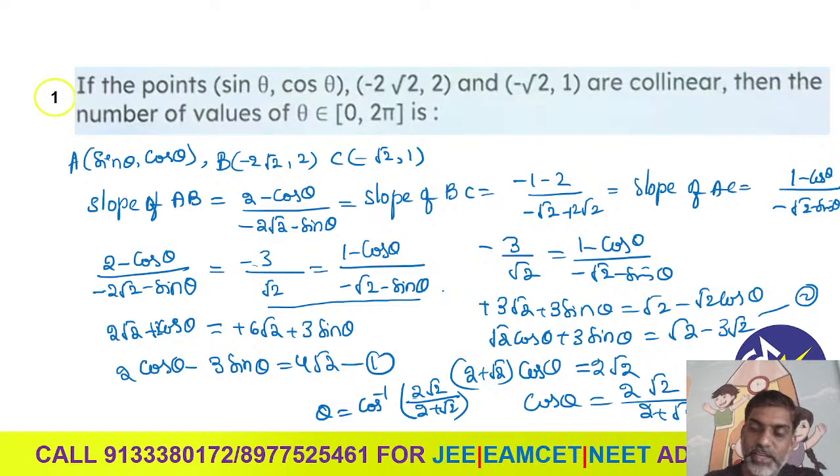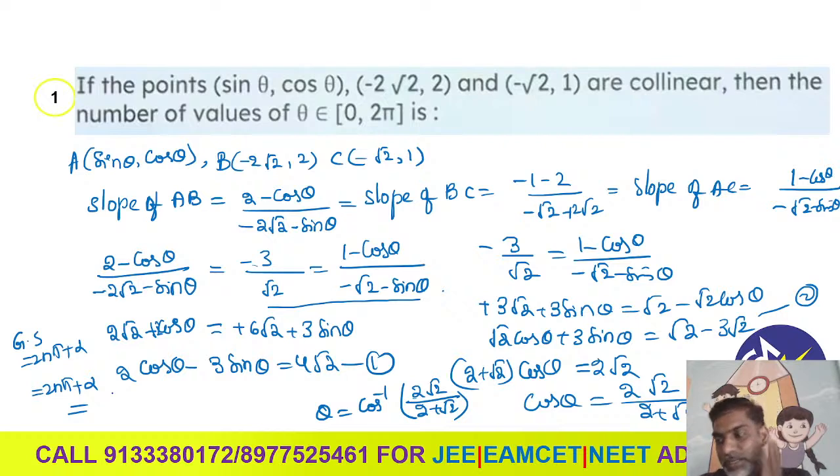Okay, we can take this as some cos alpha. Then here alpha is called the principal solution. Then if we try to write the general solution, what is going to be the general solution here? General solution is 2n pi plus alpha. So this equals 2n pi plus alpha. What angle can we get here? Cos inverse of 2 root 2 by 2 plus root 2. That is the general solution.